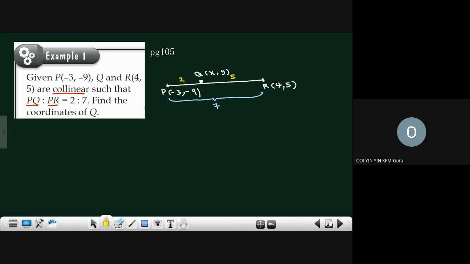Then later for your m and n, please use this 2 and 5, not the 7. That's why please read your question carefully. The ratio given here is from where to where?